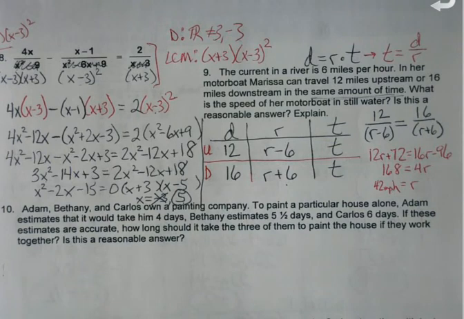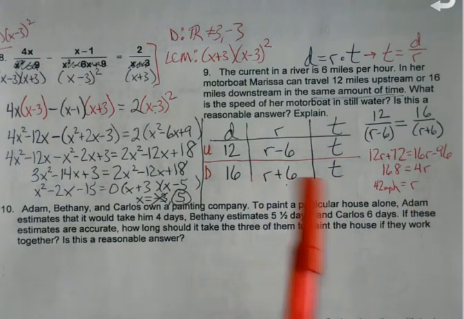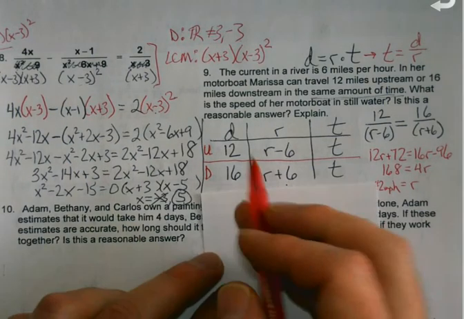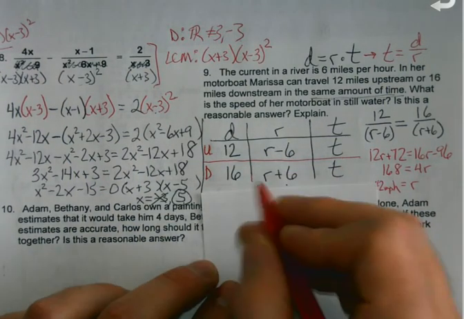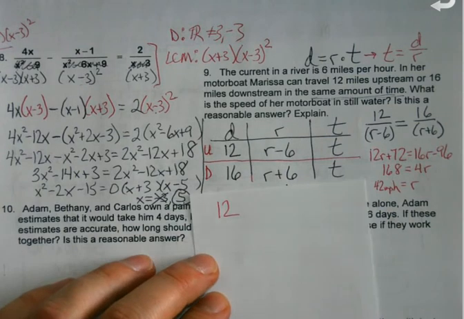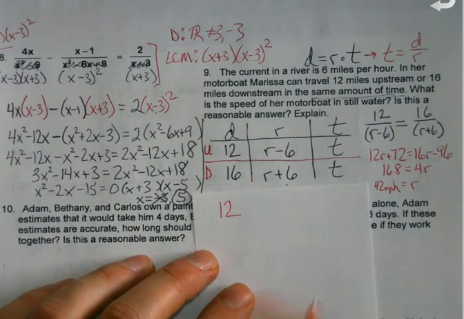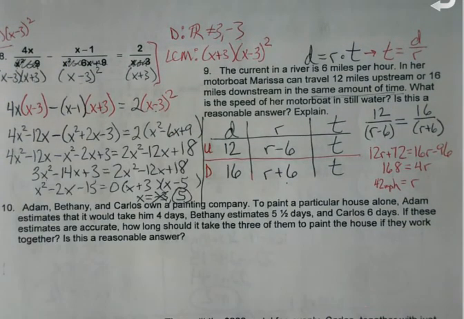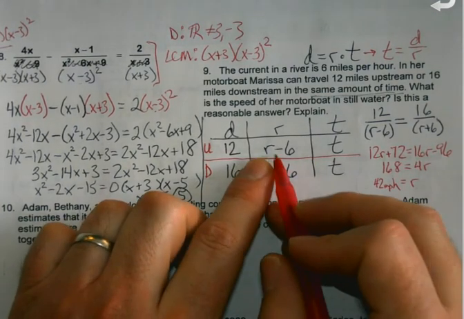But I have a way that I can tell that it works. Well, how are you going to tell it works? Okay. So if I were to plug in this 42 for r, let's see if it works. I look up here, if it's distance equals rate times time, I'd have 12. Now, where am I forgetting something? I had this written down before. Oh, yeah. R plus 6.